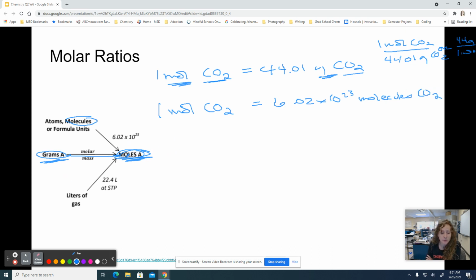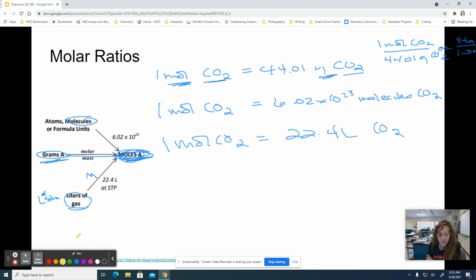And then similarly, we can go from moles of carbon dioxide to liters of a gas, or if we're dealing with an aqueous solution, we can also go to liters of solution, and that would be molarity, right? But in this case, carbon dioxide is a gas. So I would go from 1 mole of carbon dioxide to 22.4 liters of carbon dioxide.